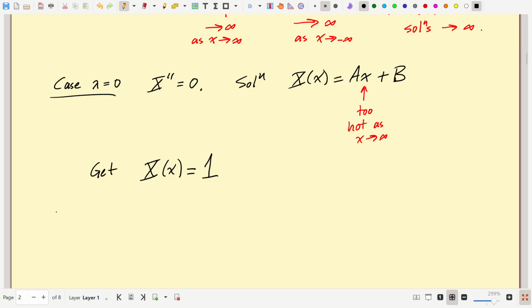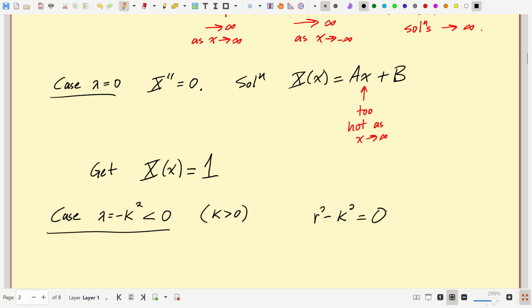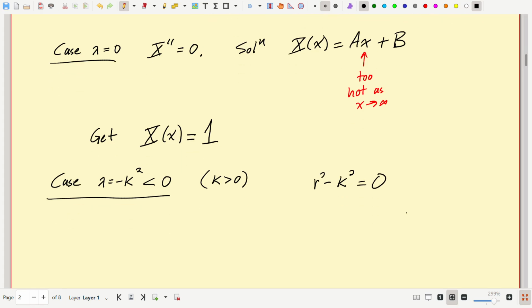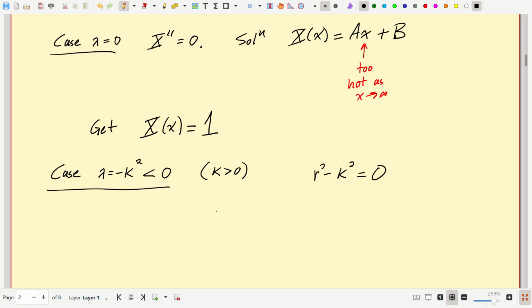Now I've got to think about the negative case. So that's going to be lambda equals minus k squared, which is less than 0. And just like before, I'm going to take my k to be a positive constant. Then we've seen this any number of times. The characteristic polynomial is that. And then we get r equals plus or minus ki.